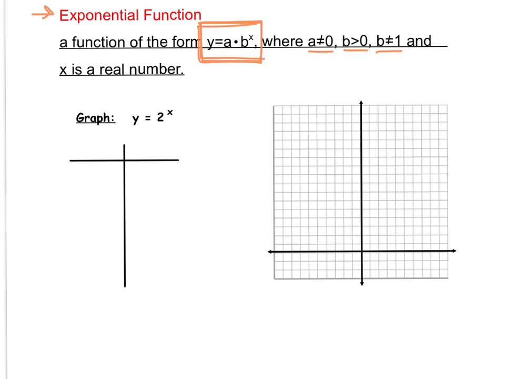And then x is going to be a real number, not imaginary. And so everything we deal with today is going to be a true exponential function, and we're going to get more into our stipulations of what a and b can and cannot be in the next few days when we talk more about exponential functions. But for now, we just need to know it has the form y equals a times b to the x.